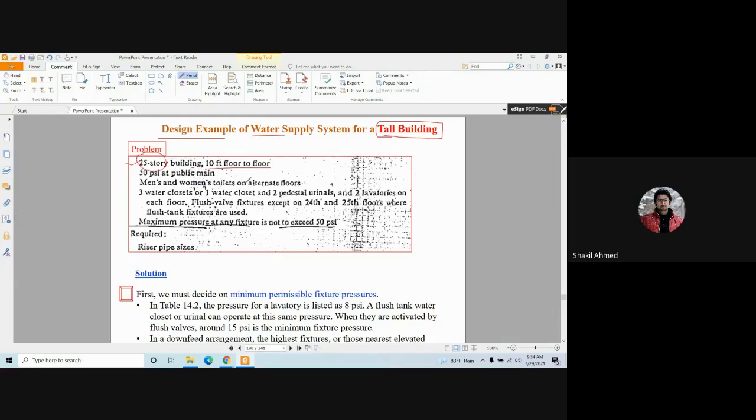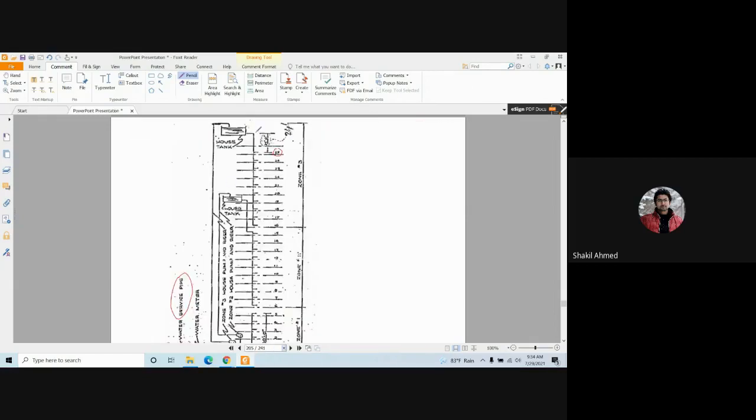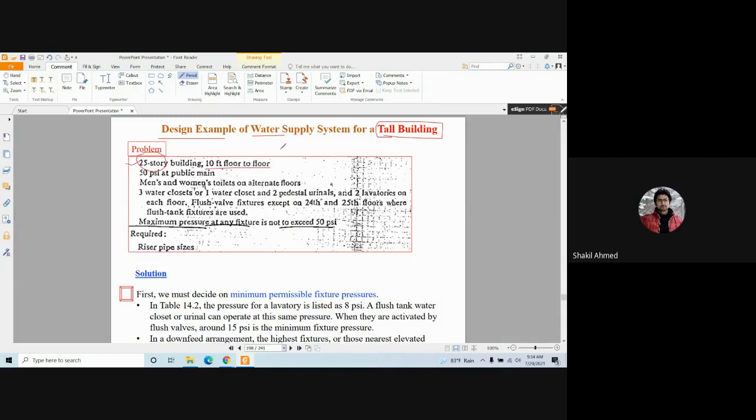Men's and women's toilet on alternate floors. That means, for example, you have men's floor here, you have women's floor here. Men's, women's, men, women, alternately. Okay? Then three water closets or one water closet and two urinals and two lavatories on each floor.